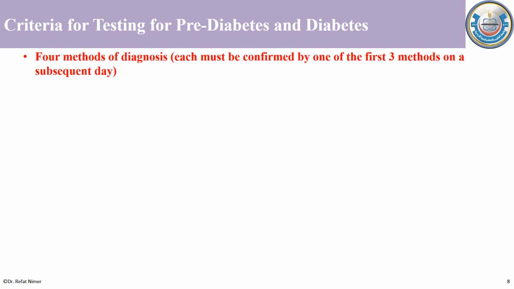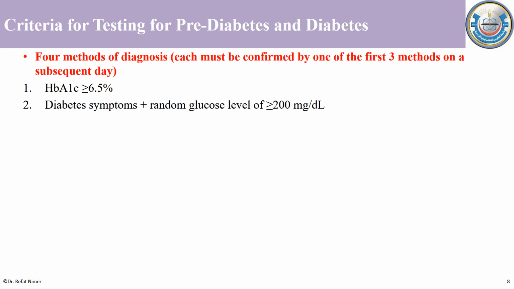Four methods of diagnosis, each must be confirmed by one of the first three methods on a subsequent day. Hemoglobin A1C more than or equal to 6.5%. Or diabetes symptoms with a random glucose level more than or equal to 200 milligrams per deciliter.